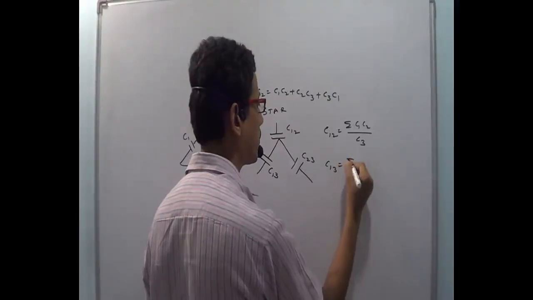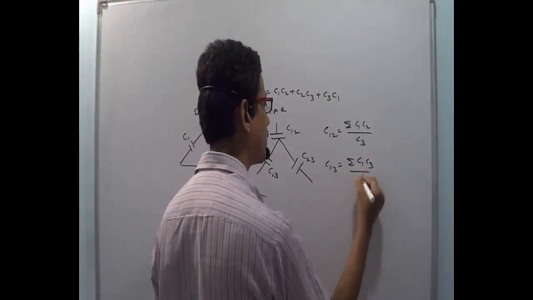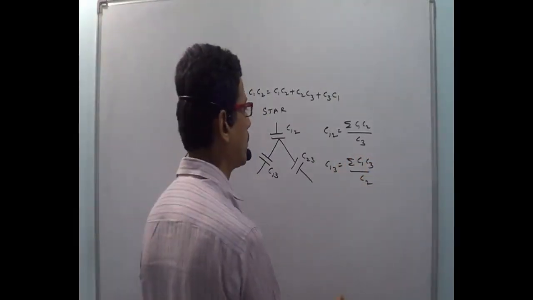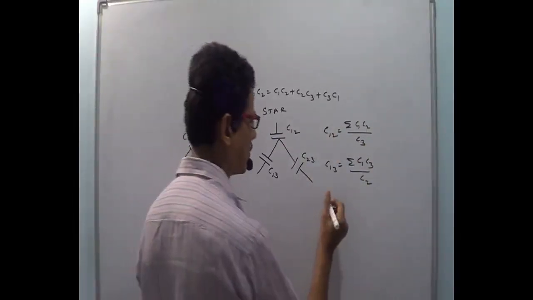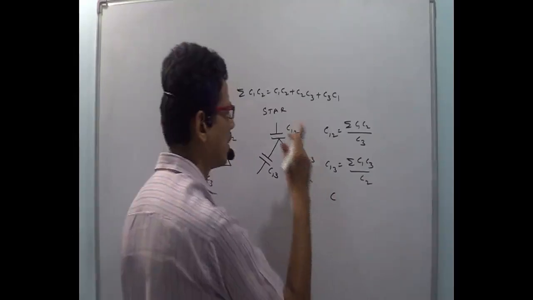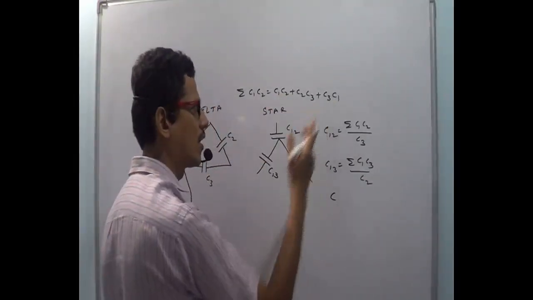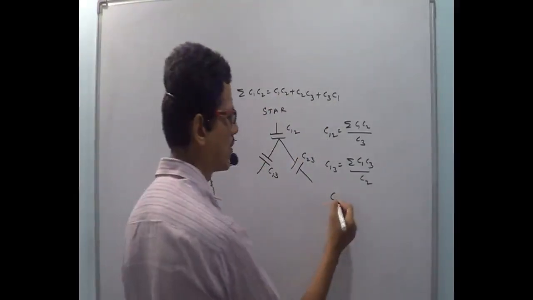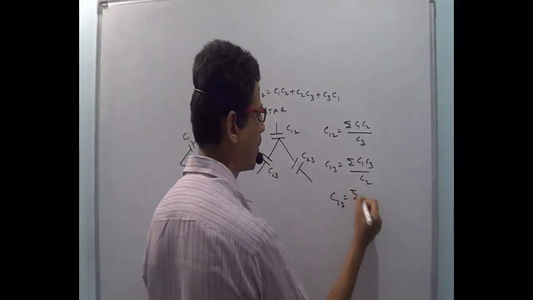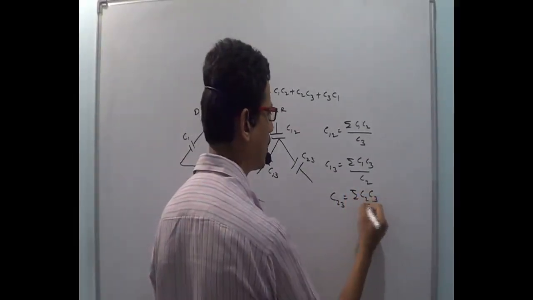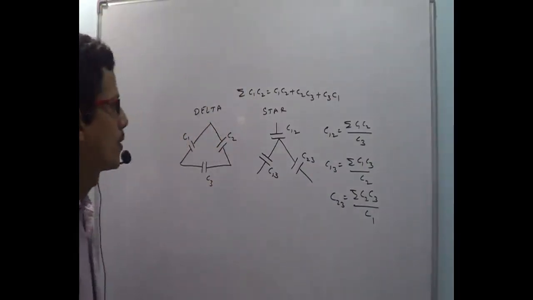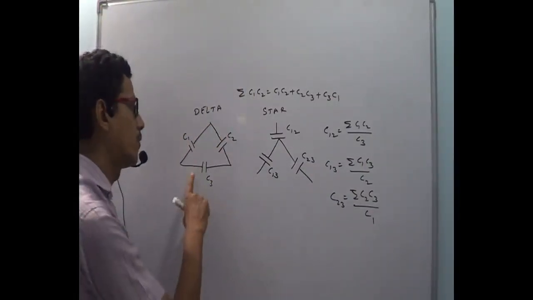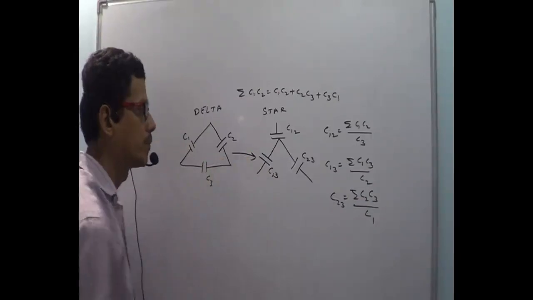C13 is sigma C1C2 by C2. Sigma C1C3 and sigma C1C2 are the same. Next, C23 is sigma C1C2 divided by C1. So these formulas you have to remember. So I can convert delta into star.